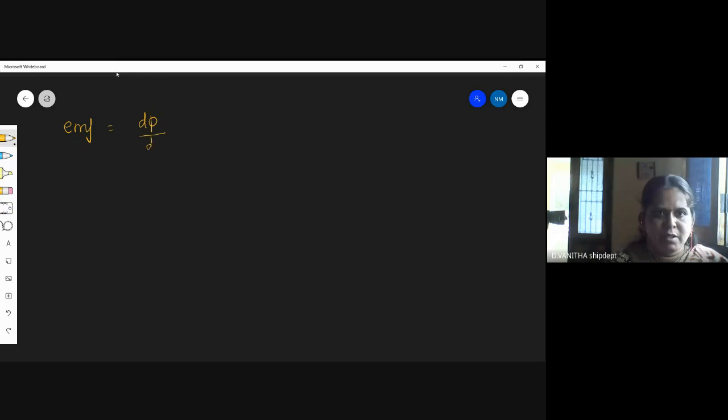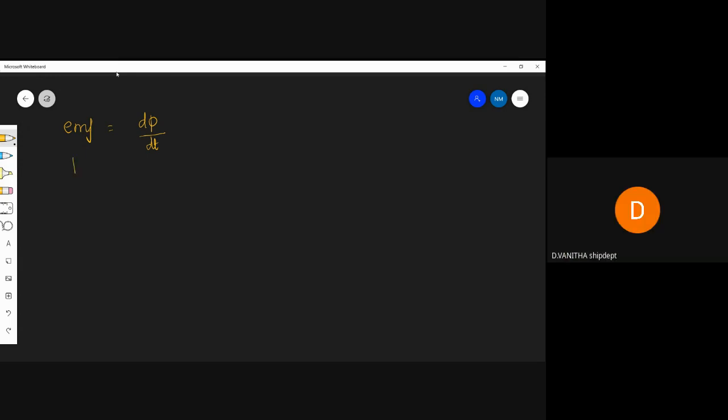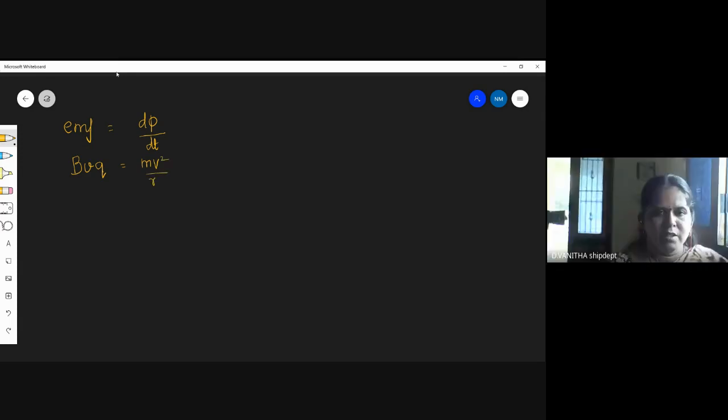This will be the change in magnetic flux, that will give an EMF. Next, by introducing a magnetic field, the magnetic force is produced, that is given as BeV, that is equal to mv squared divided by r. That is equal to the centripetal force. Now we are going to derive the Betatron condition.